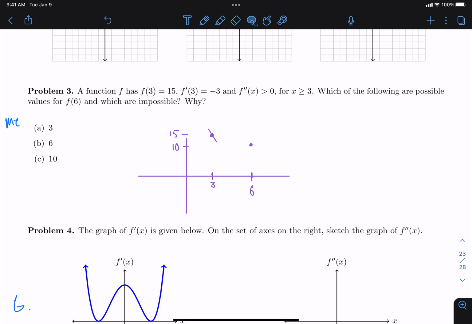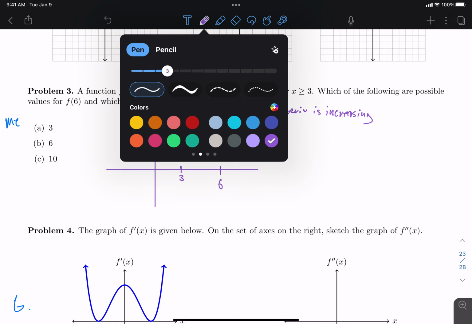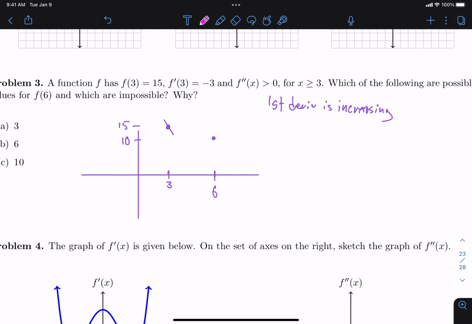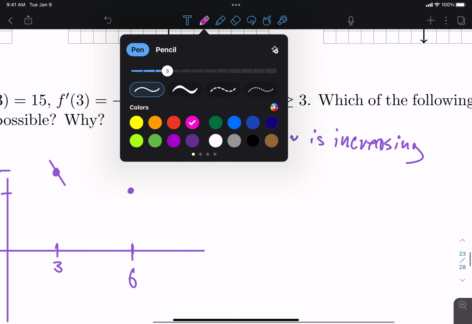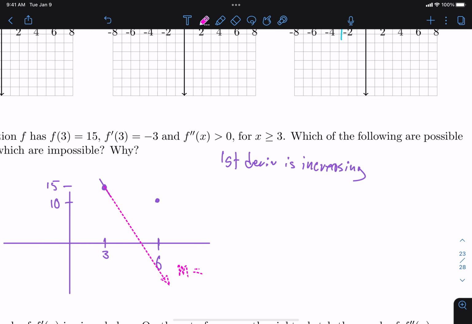What is this really testing? This is testing whether we understand concavity, which basically says the first derivative is increasing to the right. So that means my graph has to lie sort of to the right of this line, because this line has slope m equals -3.